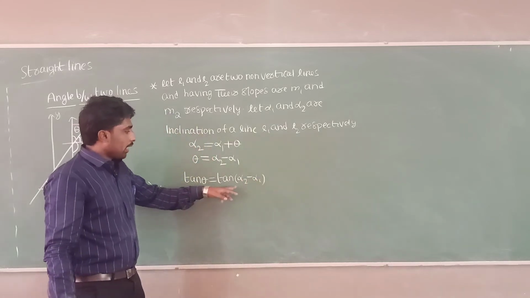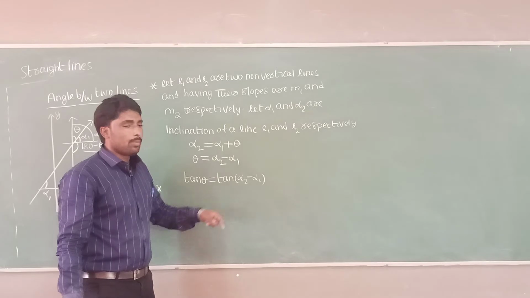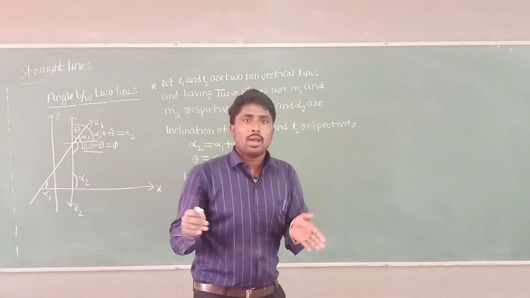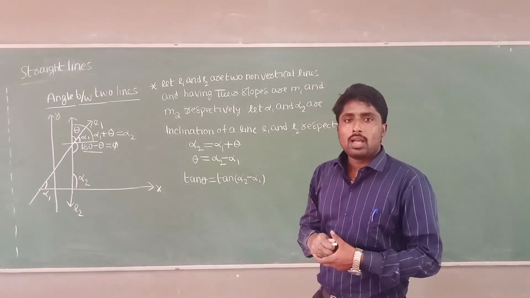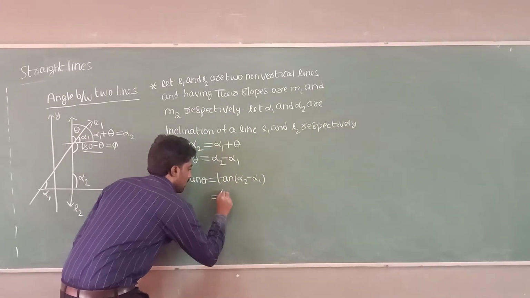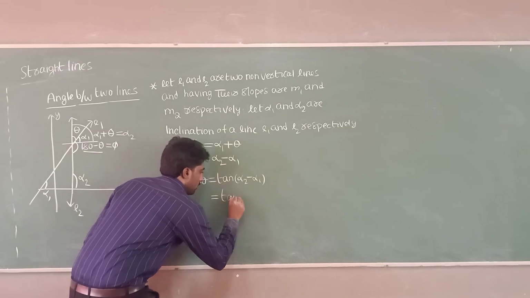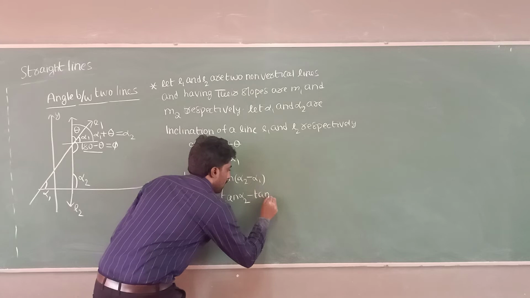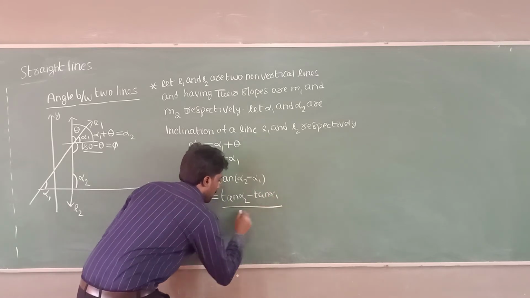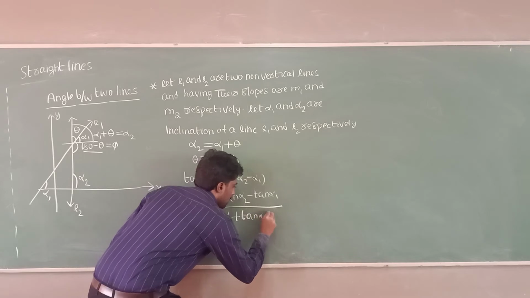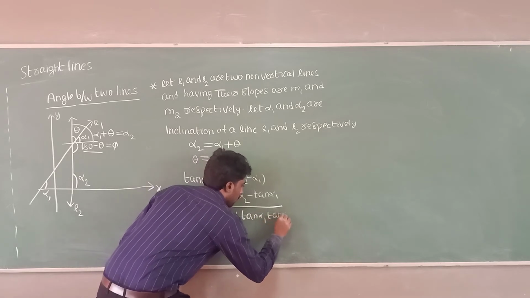This looks like tan of A minus B, whose formula is tan A minus tan B by 1 plus tan A tan B. So we get tan alpha 2 minus tan alpha 1 by 1 plus tan alpha 1 into tan alpha 2.